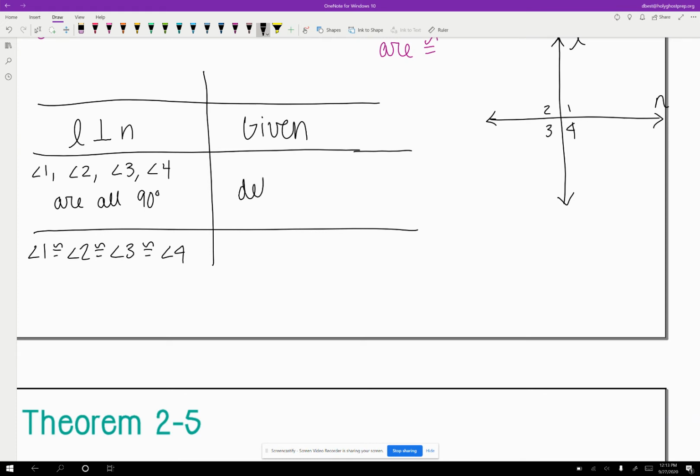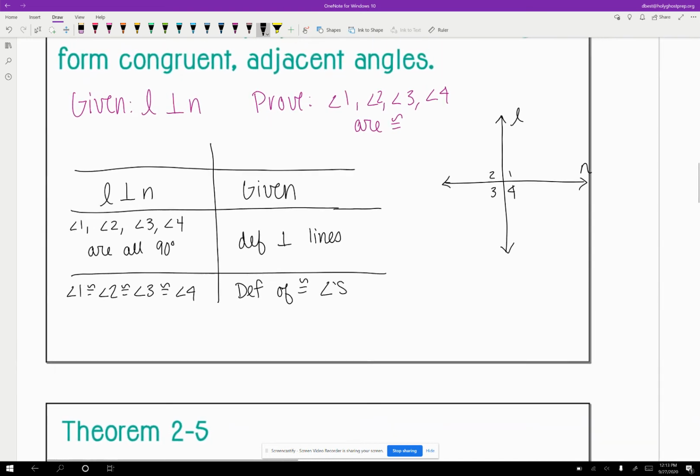And that, again, comes from my definition of perpendicular lines. The definition says that they're forming right angles, and I know all my right angles are 90 degrees. And once I know they all have the same measurement, I know they're congruent because that's the definition of congruent angles. And that's the whole proof.